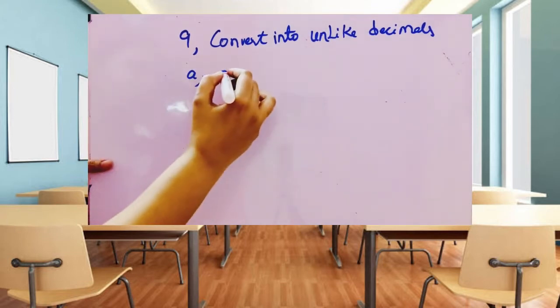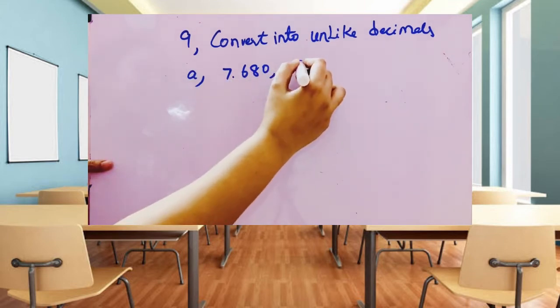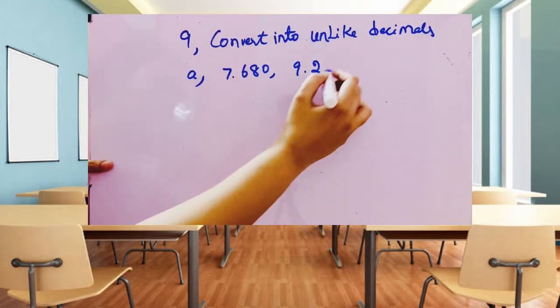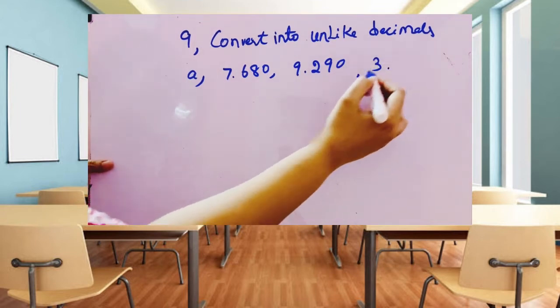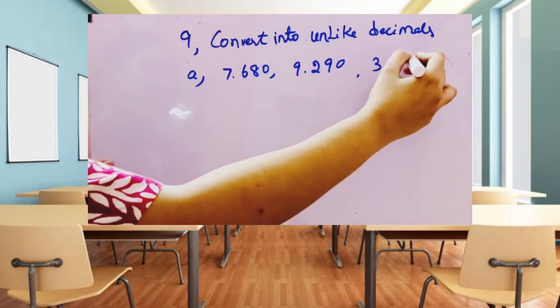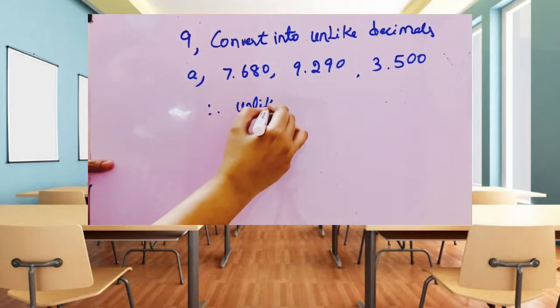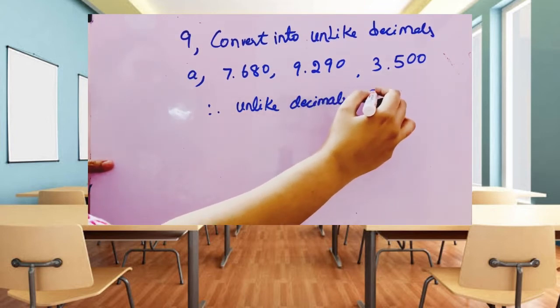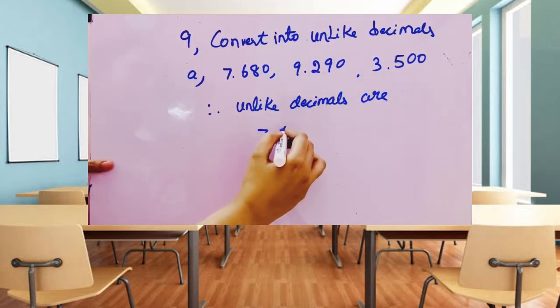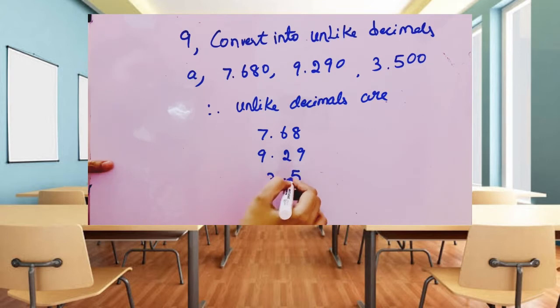First sum: 7.680, 9.290, 3.500. Therefore, unlike decimals are 7.68, 9.29, 3.5.